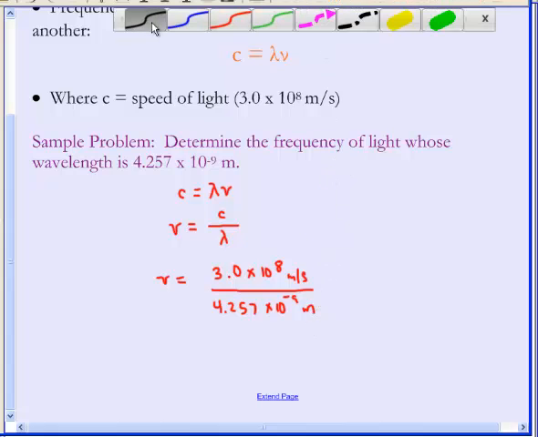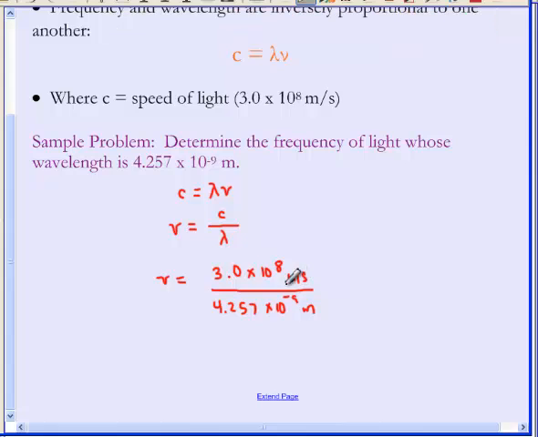So I plug my values in. You guys know how to do that, but look what happens to the units. Meters cancels out, and I'm left with 1 over second there, or inverse second, or hertz. So that's how the units are related to each other.